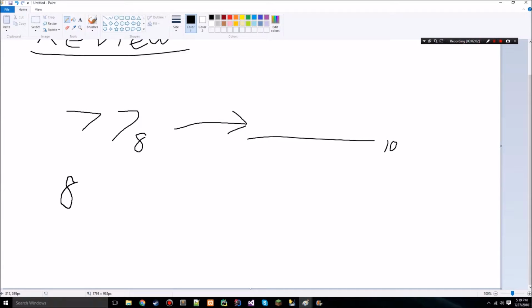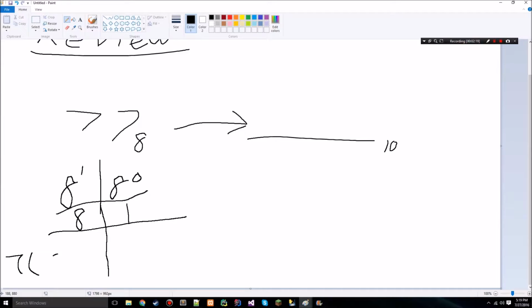So we have 8 to the first, and then we have 8 to the 0. So that simplifies to 8 and 1. So now we have 7 times 8 plus, let me erase this.